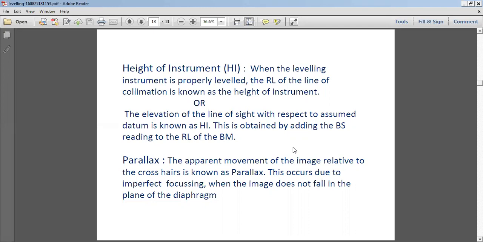When we face this problem, we can place a white paper in front of the object glass and keep focusing until we clearly see the crosshairs. When we see the crosshair, we can remove the paper, sight the leveling staff, and then start the readings. In this way, we can remove the parallax.